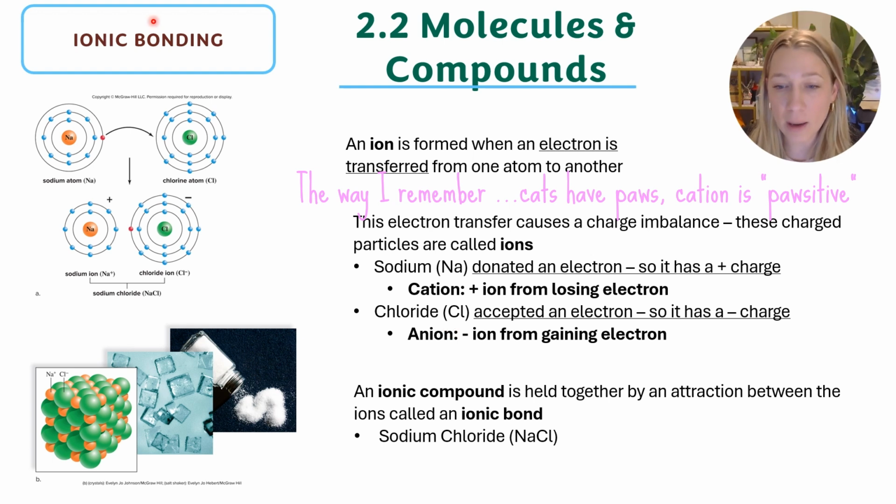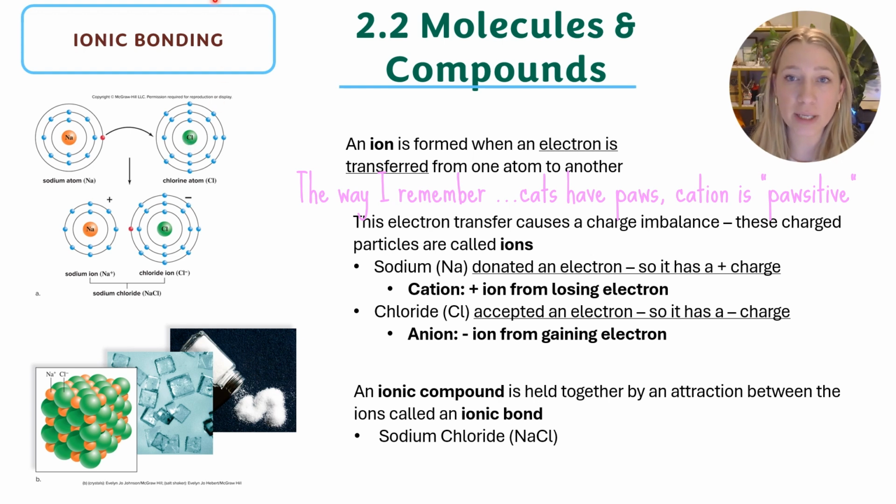And an ionic compound is a compound that is formed because two things are held together by an attraction of those ions. This is called an ionic bond. So looking at a specific example of this with sodium chloride, this is what you know as table salt. Sodium has 1 electron in its valence shell, chlorine has 7 electrons in its valence shell. They're both unstable because of this. So sodium wants to get rid of this electron, chlorine wants to gain an electron.